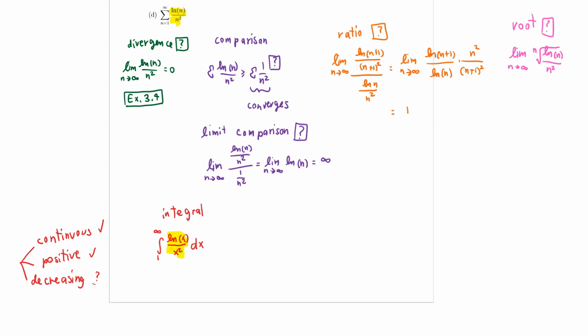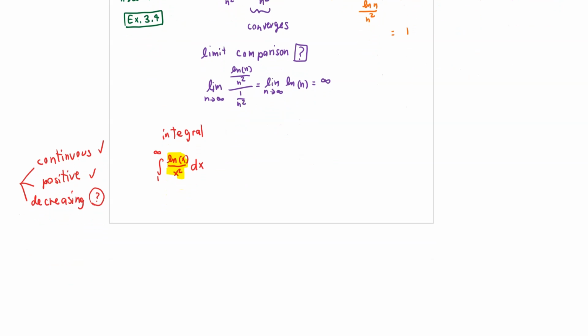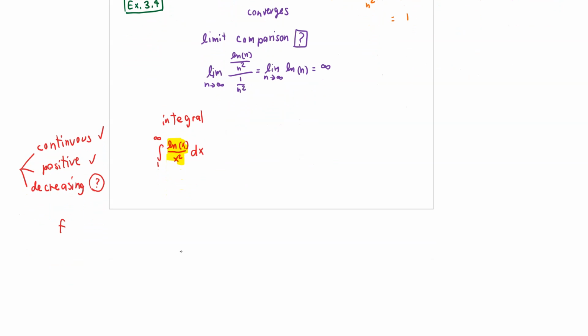But now I have to decide if log x over x squared is decreasing. So how can we decide if a function is decreasing? Well, we have to look at its derivative. So my function is log x over x squared, and I need to see if it is going to be decreasing. So I look at its derivative.